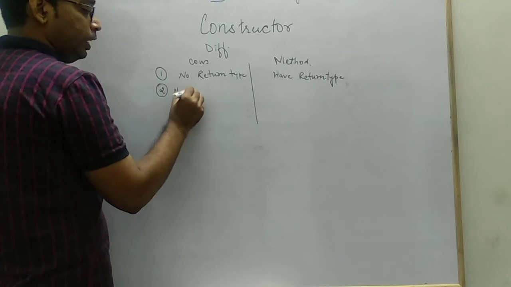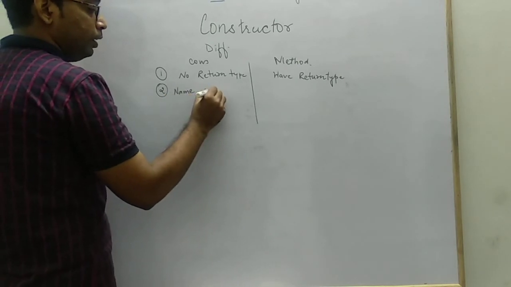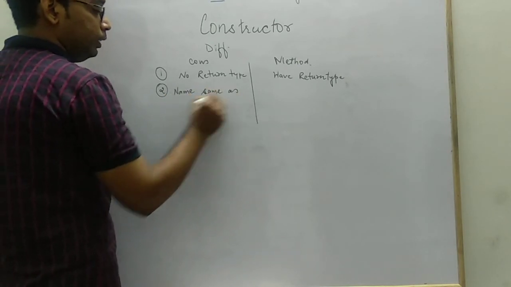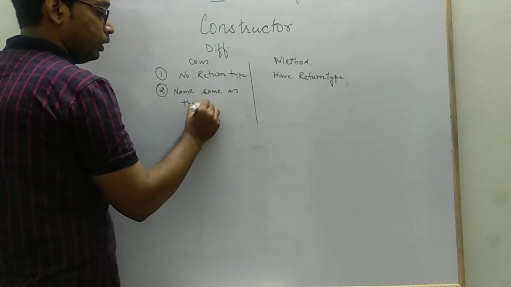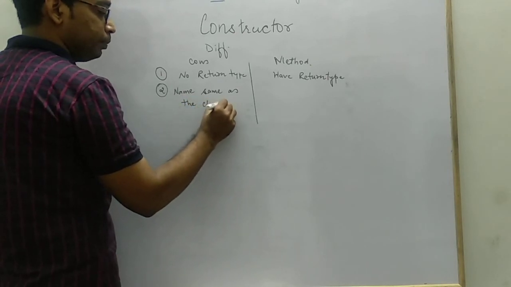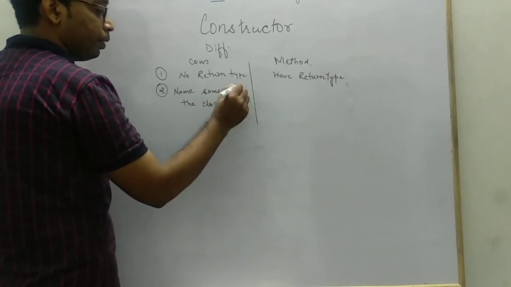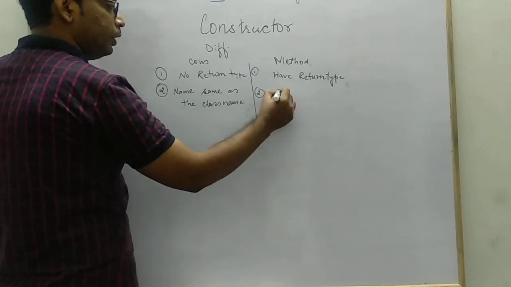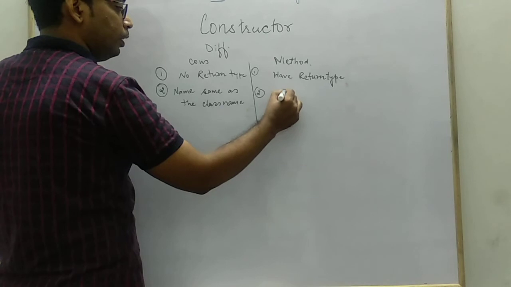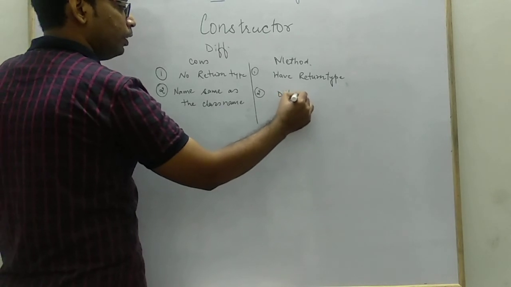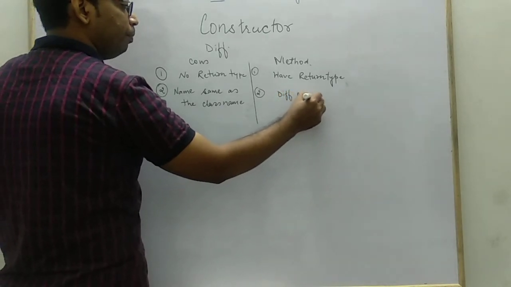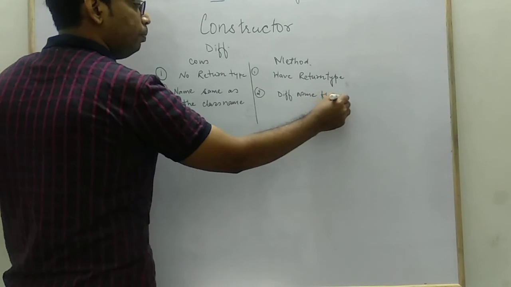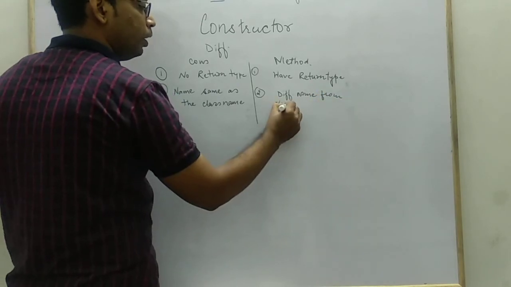Second one is name: constructor has a name same as the class name, and here, the second point, the method has a different name from the class name.